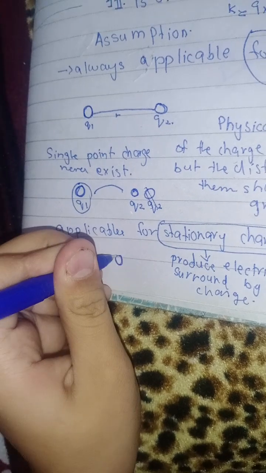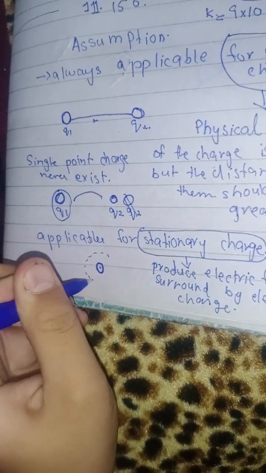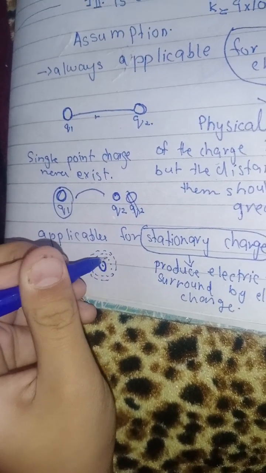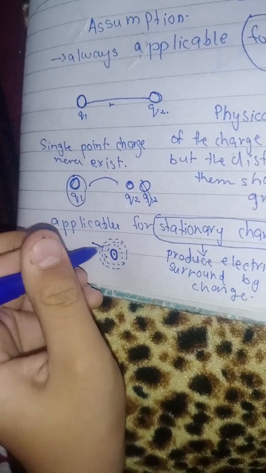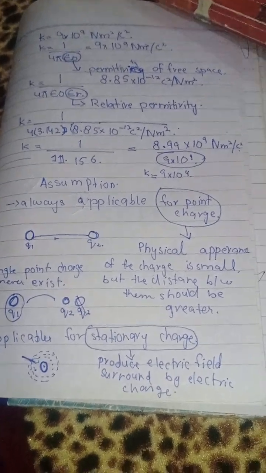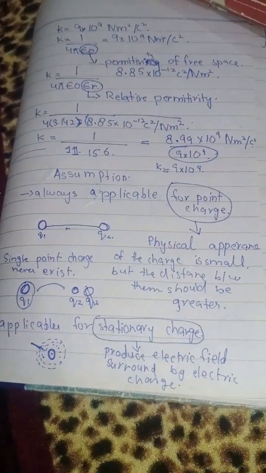Like here we have one charge. The region around it that is created by the stationary charge is known as the electric field. So this region is basically known as the electric field. So these were the points, the assumptions, how we derive the constant value, and the introduction to Coulomb's law. Hope you got it.